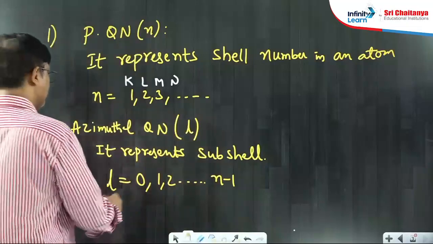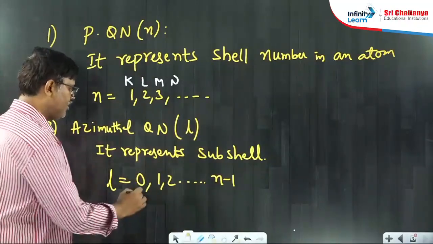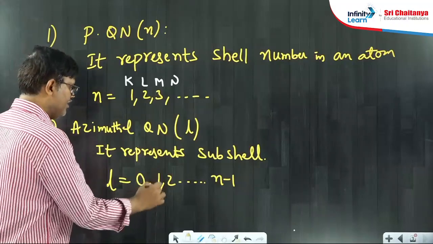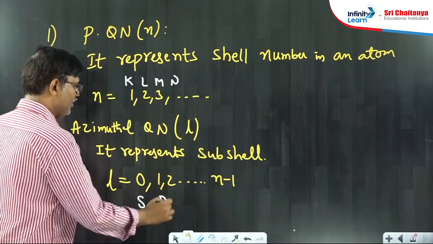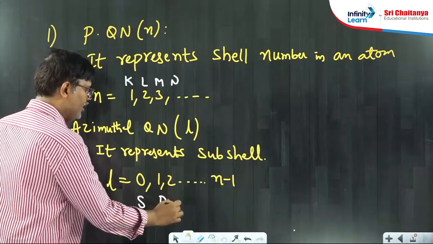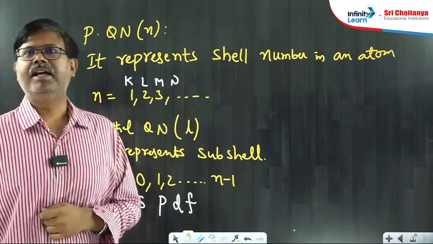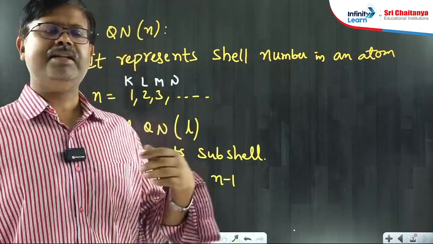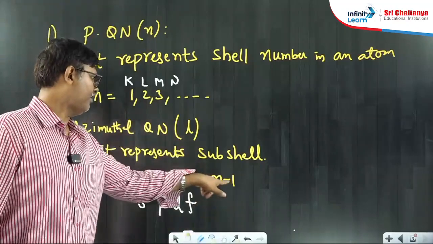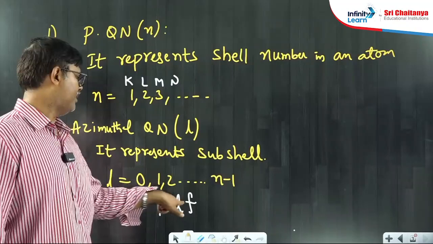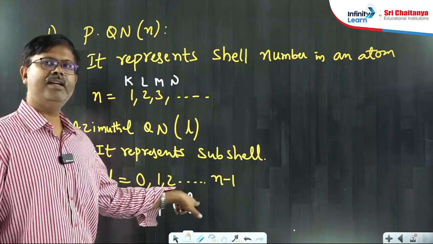Similarly, L equal to 0 is called the s subshell, L equal to 1 is p, L equal to 2 is d, L equal to 3 is f. These numbers for a subshell are also given as alphabets: s, p, d, f.